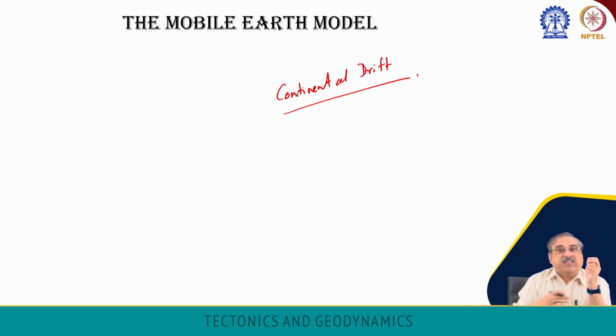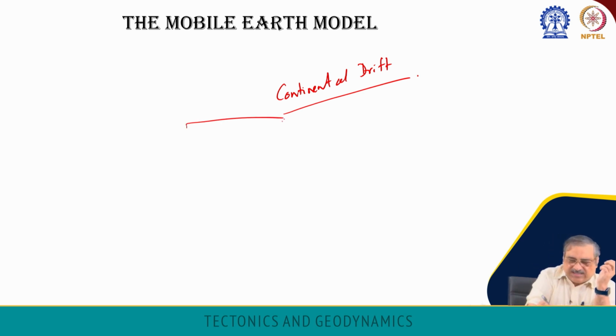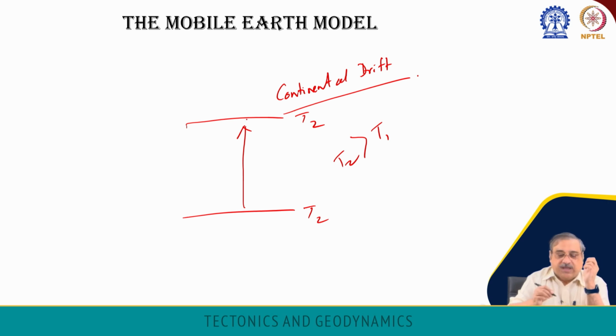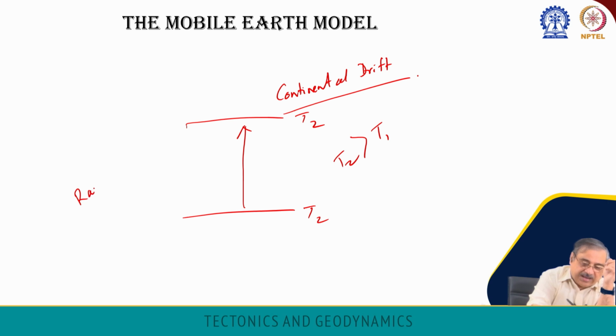And because of this, the interior of the Earth has to lose that heat. Now, if there is a temperature difference between, say, a part here and a part out here inside the Earth, then heat will be transferred. If T2 is greater than T1 temperature wise, then heat transfer will take place from here to here. Whether that takes place by conduction or convection depends upon something called the Rayleigh criterion.